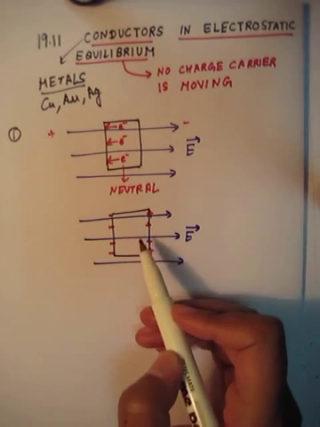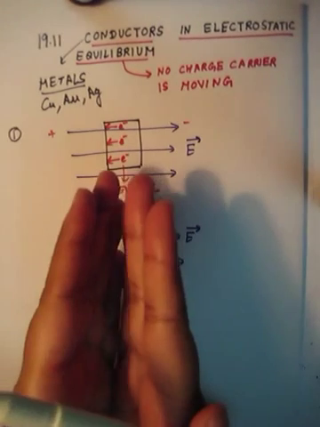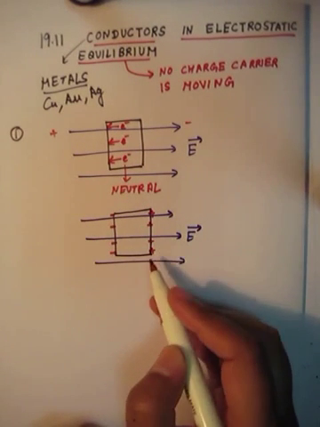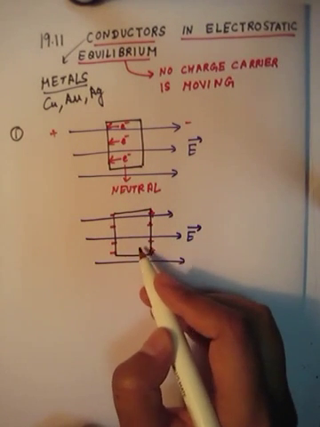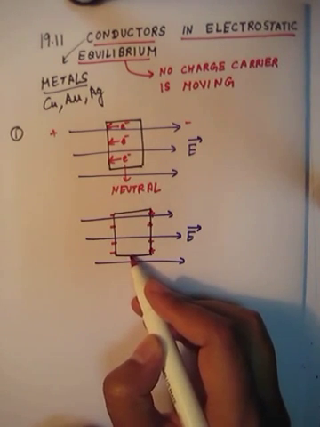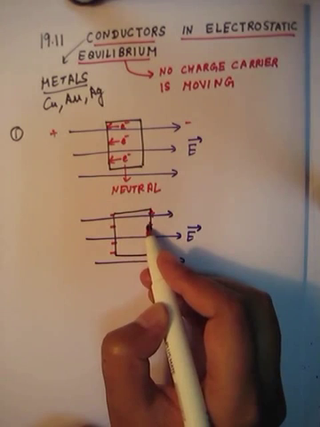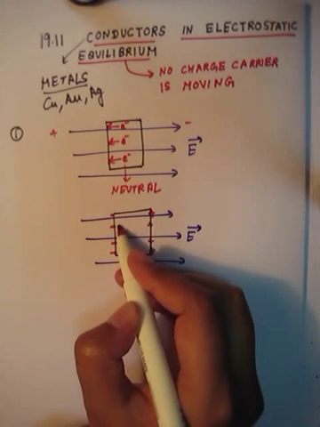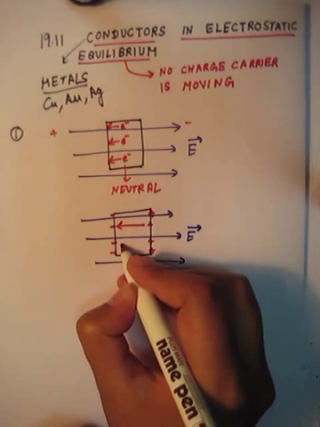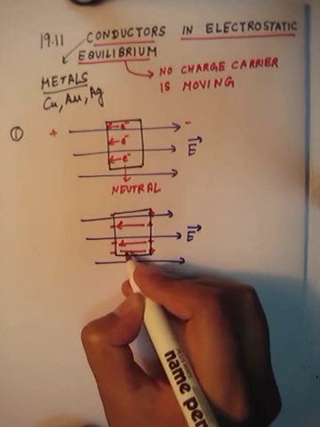Now, because there is a segregation of charge inside, after some time no charge will move in equilibrium, and due to this segregation of charge, there will be an electric field opposite to the external electric field.